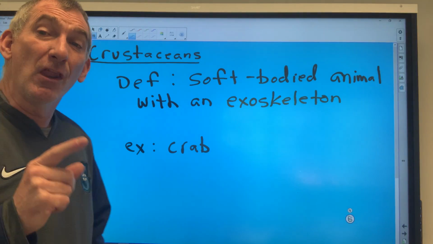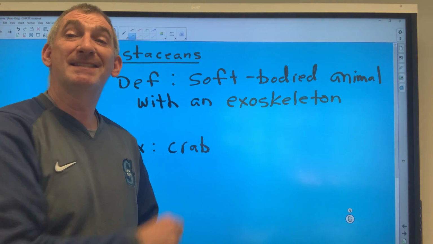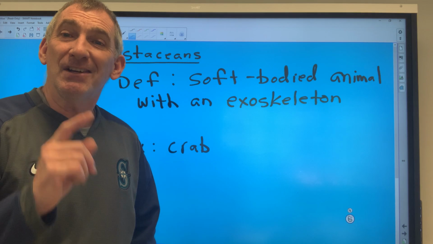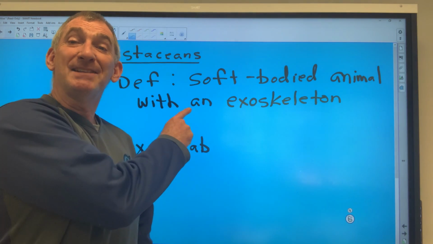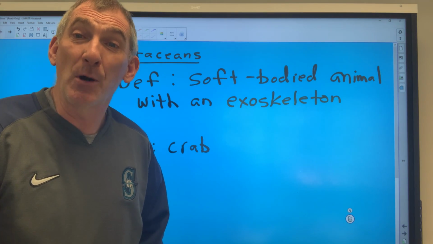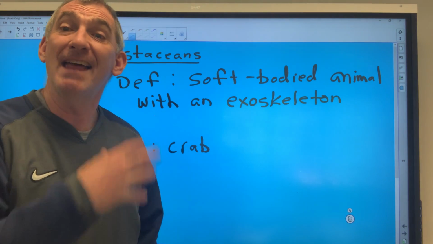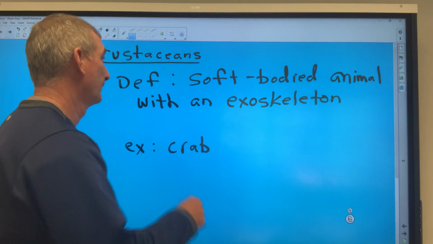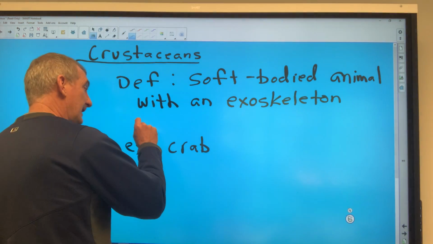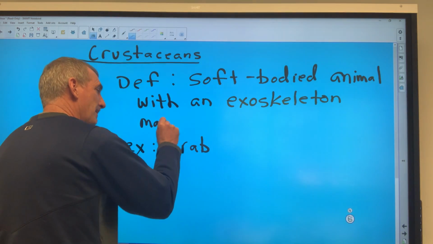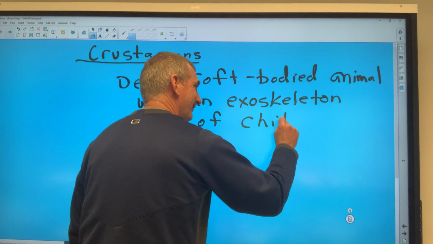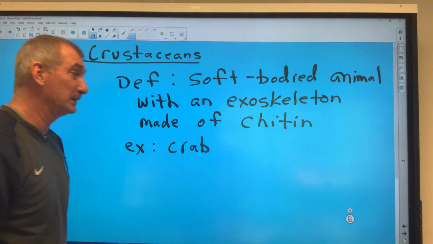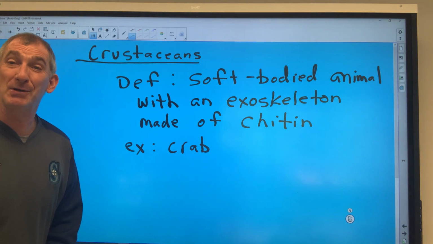Another way that an exoskeleton is different from a shell: a shell is made up of calcium carbonate, while an exoskeleton is made up of this protein called chitin. And that's what I'm going to include in my definition. Made with an exoskeleton. Made of chitin. And that, my folks, is the definition of a crustacean.